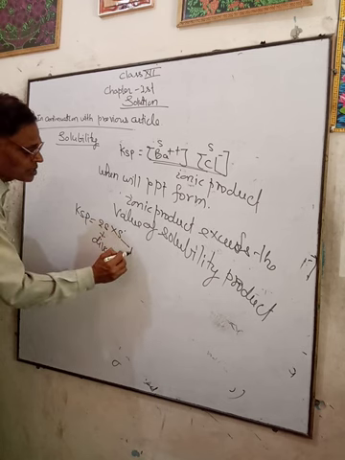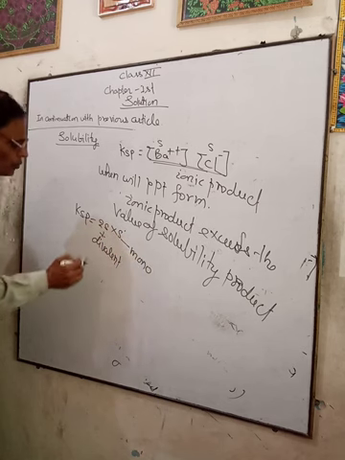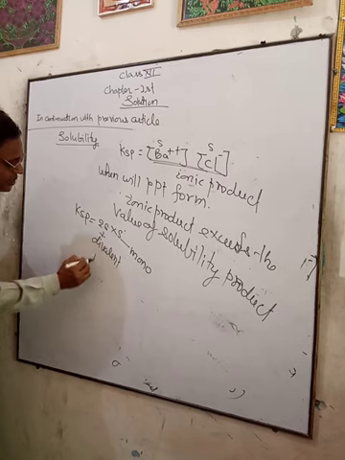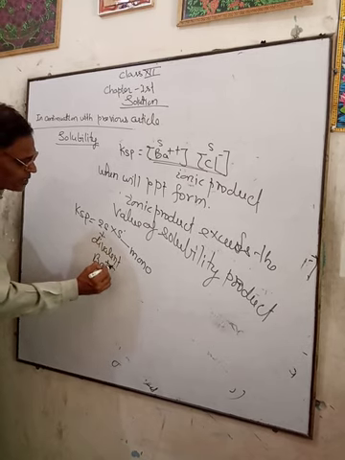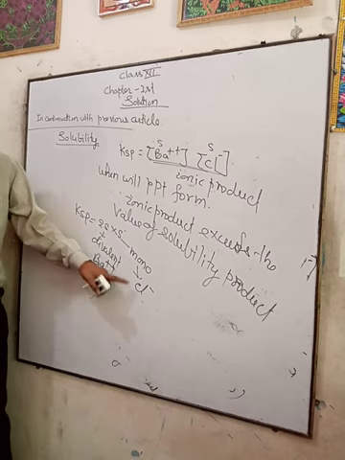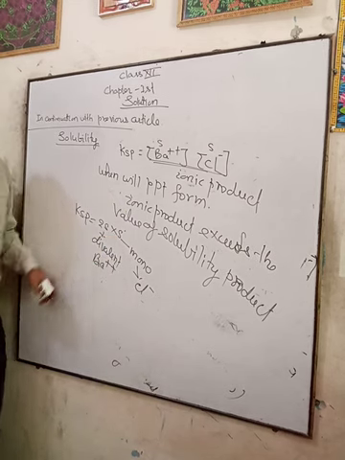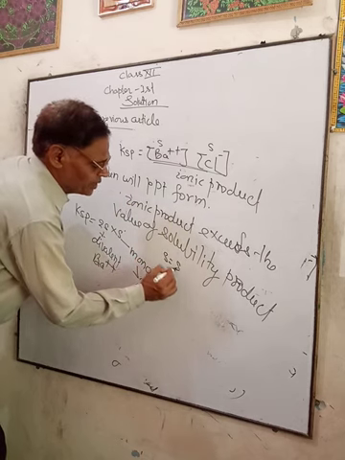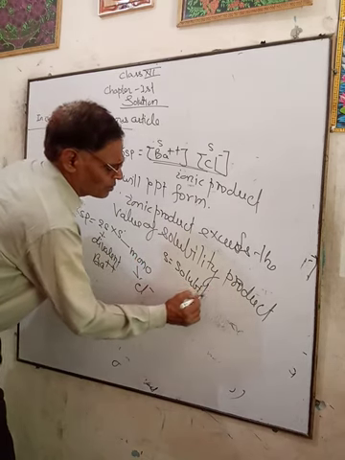And this is a monovalent ion. For your convenience, I am writing here the ions themselves, Ba++ and Cl-. For a monovalent ion, we take only S. S is the solubility of a salt.